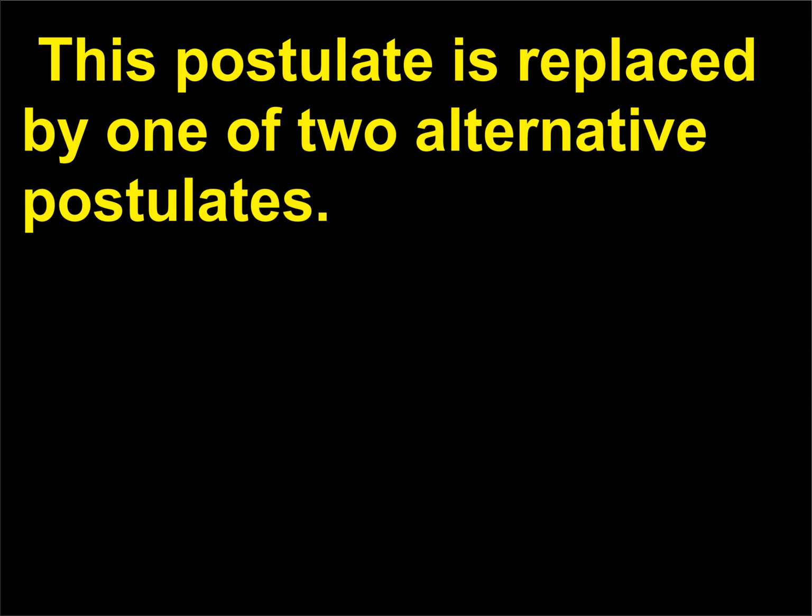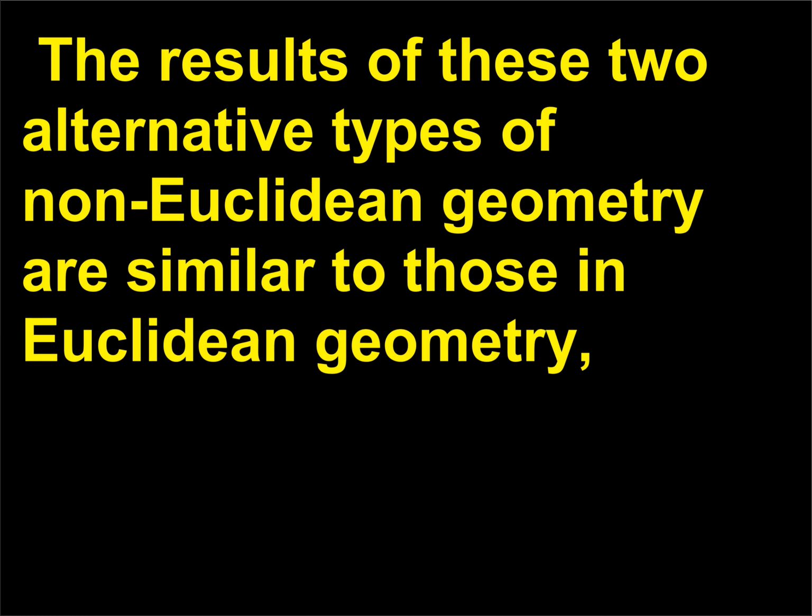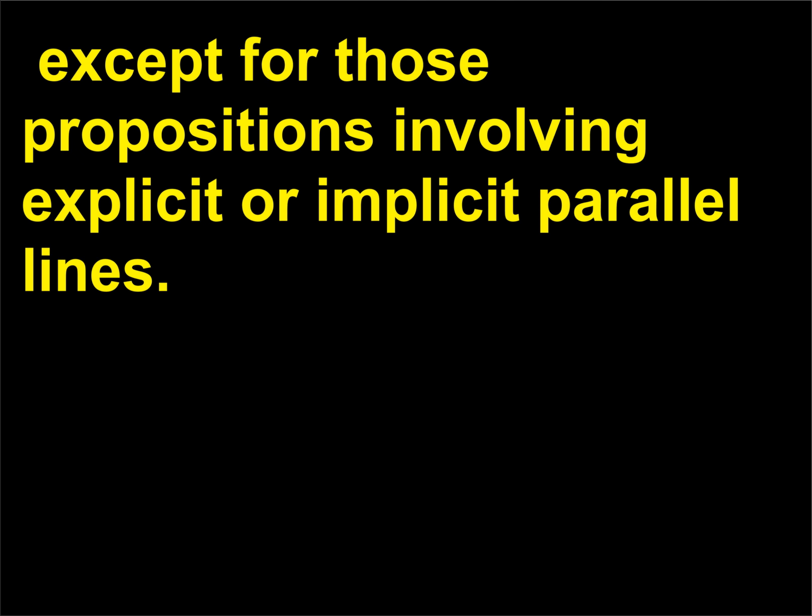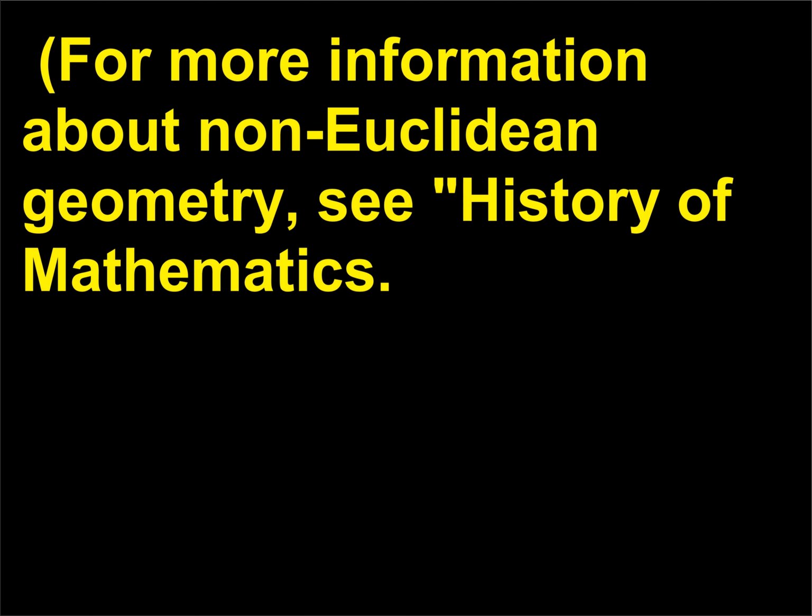This postulate is replaced by one of two alternative postulates. The results of these two alternative types of non-Euclidean geometry are similar to those in Euclidean geometry, except for those propositions involving explicit or implicit parallel lines. For more information about non-Euclidean geometry, see History of Mathematics.